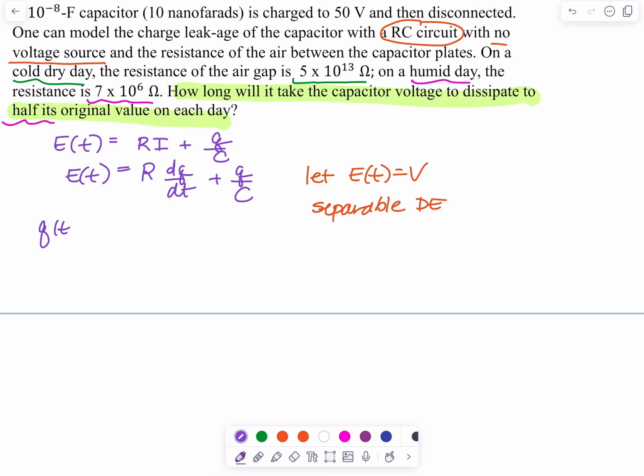So we have Q of t is equal to K e to the negative t over RC plus CV. So I want to make a note that we are going to ignore C times V. We're going to treat it as unknown.